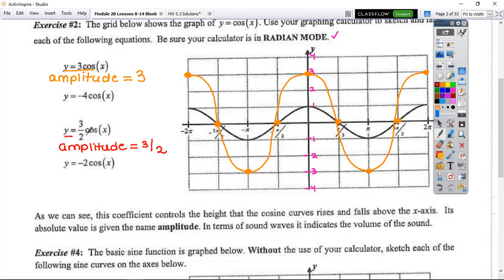That's why I showed you that. Or I can just do this the fast way as well. If this points at 1, it's going up to 1.5 instead. That point won't change. This one's going to go down to negative 1.5. This one's 0. And then next is 1.5. So you've stretched it out just a little bit here.